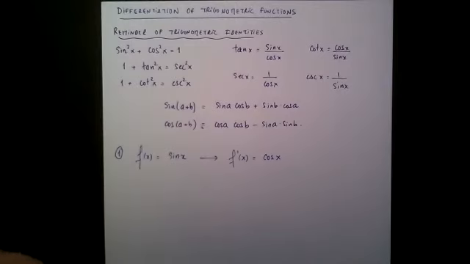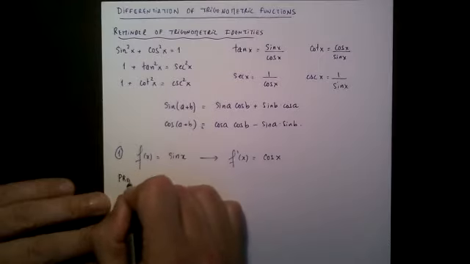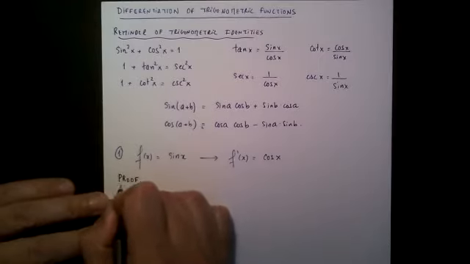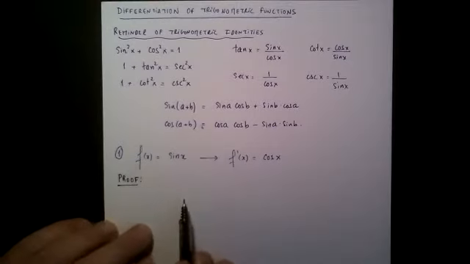Obviously, now we have to prove this. I believe that you have all the tools now to prove it, because you know what the definition of the derivative is, and you know all the identities here.